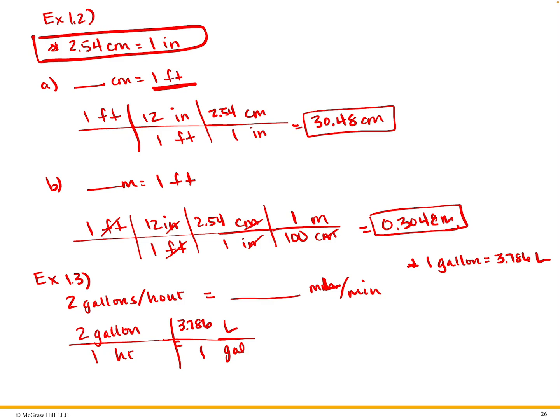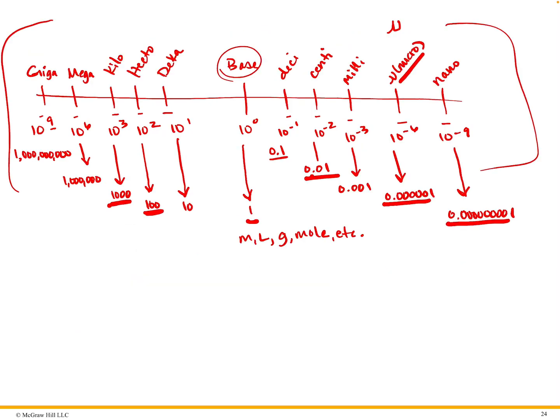I would never make you memorize that 1 gallon is 3.786 liters. That kind of stuff would be given to you on a quiz or a test. Then we have to go to milliliters, not just liters. So we have liters to milliliters. That's where you have to go back to the scale again. Here's liters, here's milliliters.